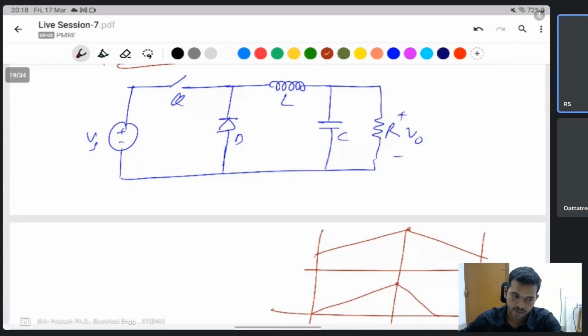If you take a fixed inductor L, and the inductor is fixed, then if we increase the frequency, the ripple current will be reduced. But it depends on the design of the inductor. If you increase the frequency at the time of design, the inductor will be smaller.